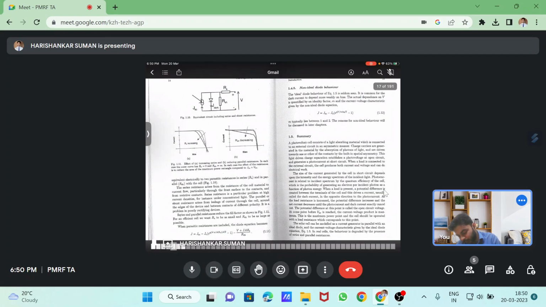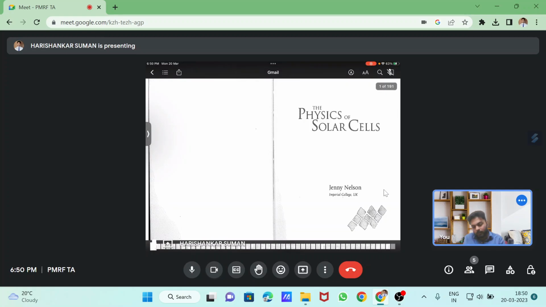This is the book, The Physics of the Solar Cell by Jenny Nelson.